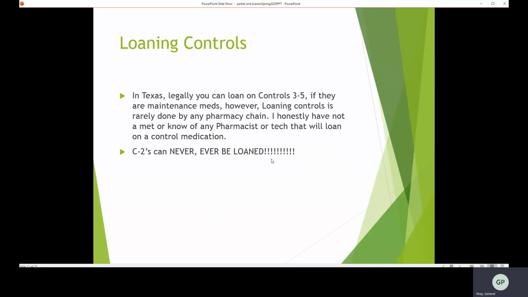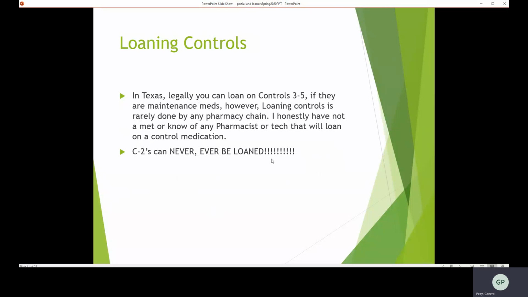With seizure medications, you take those every single day. And sometimes people will run out of their seizure medication and they need refills. And by law, you can loan on a C3, C4, or C5 if they take it as a maintenance medication.